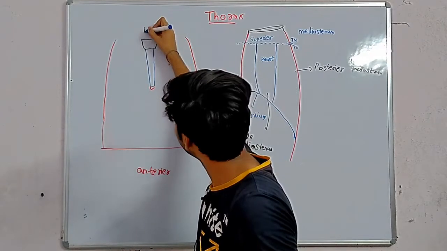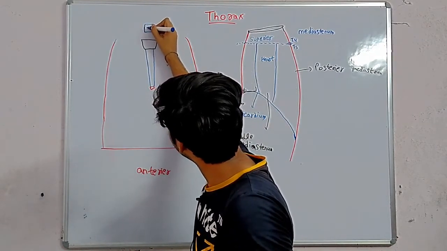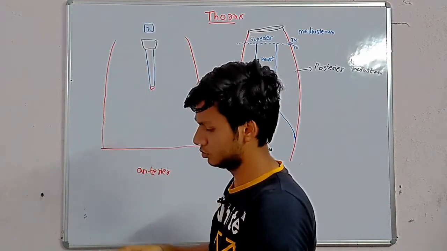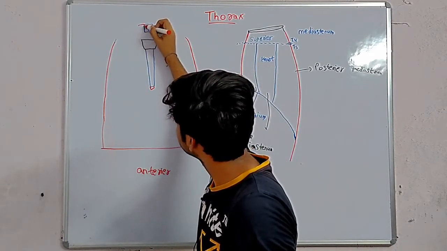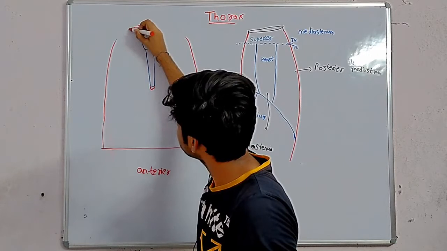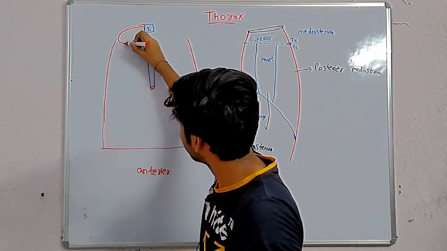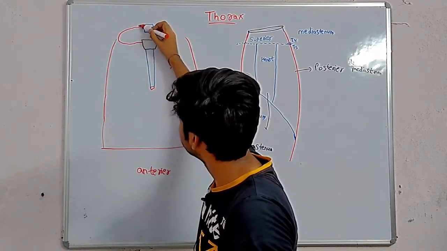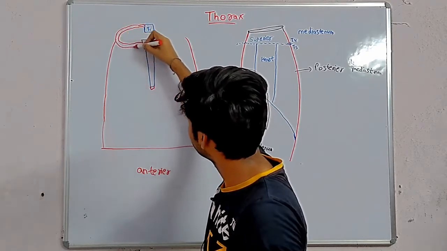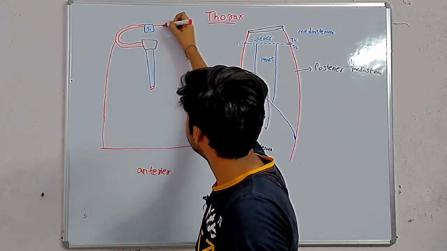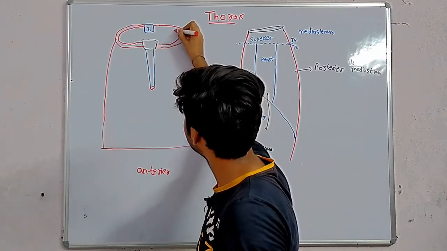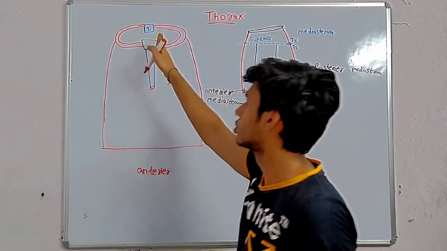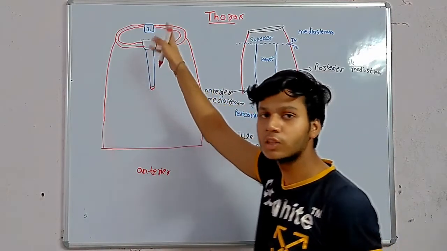This is T1. From here a rib originates and joins at manubrium, from both sides. So this is the superior thoracic inlet.